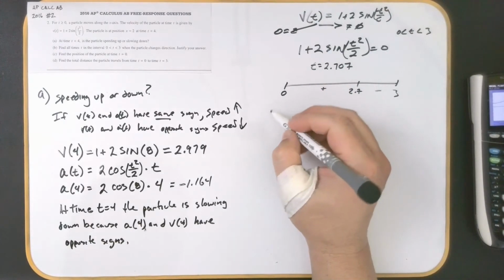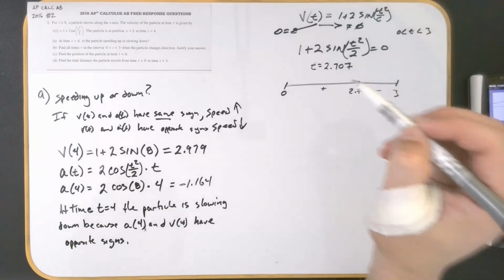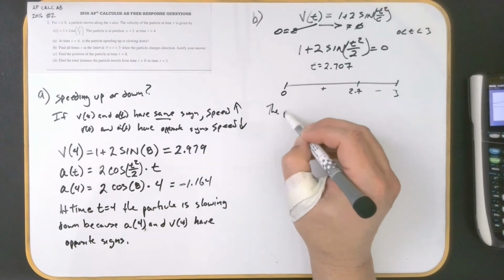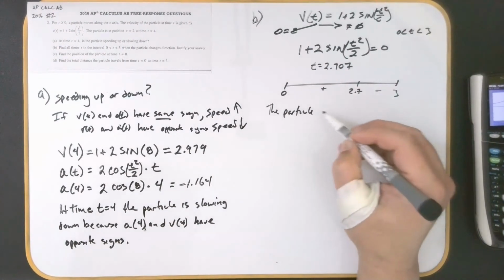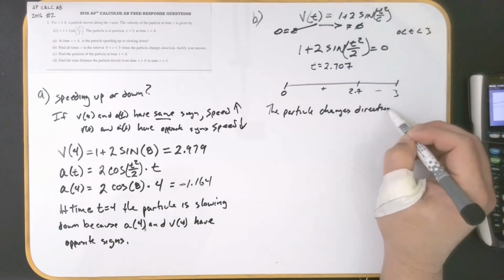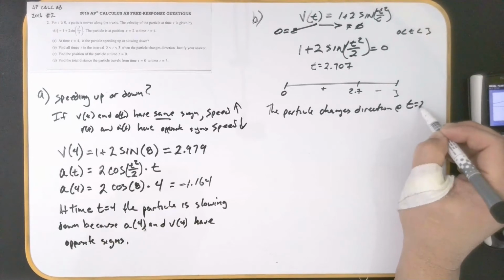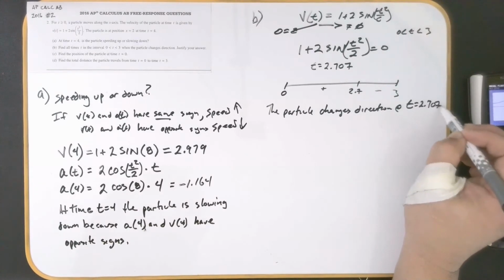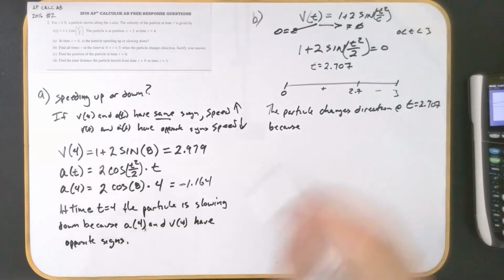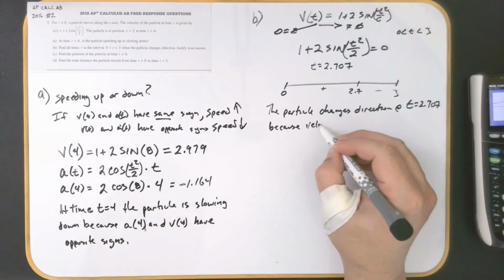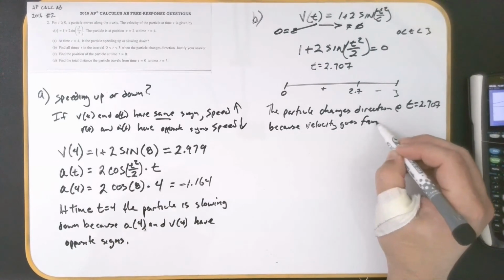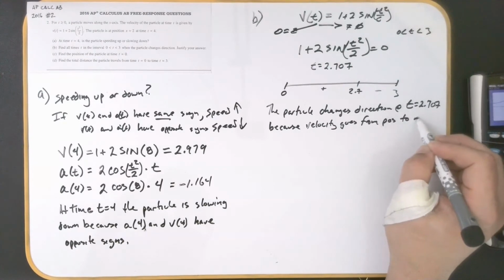So we can say for part C, or we're just on part B here. So for part B, we could say the particle changes direction at time equals 2.707 because, and here's how we have to explain our reasoning, because velocity goes from positive to negative.